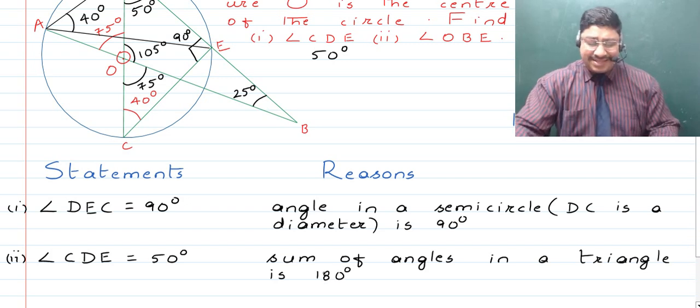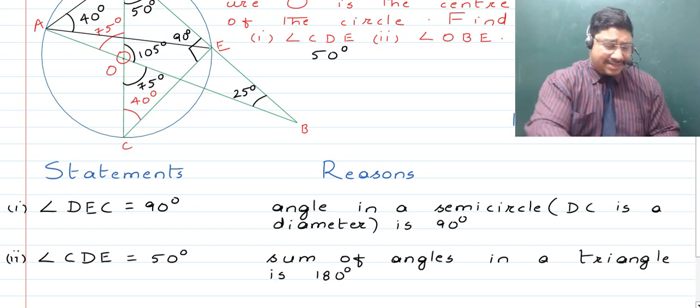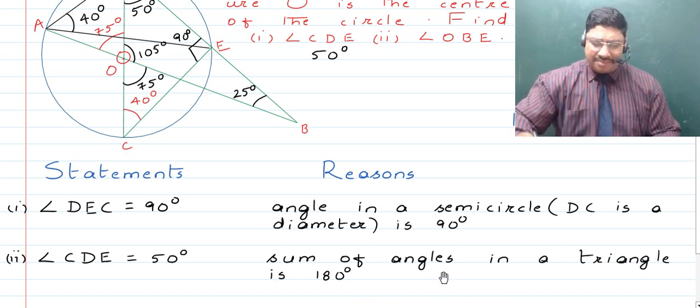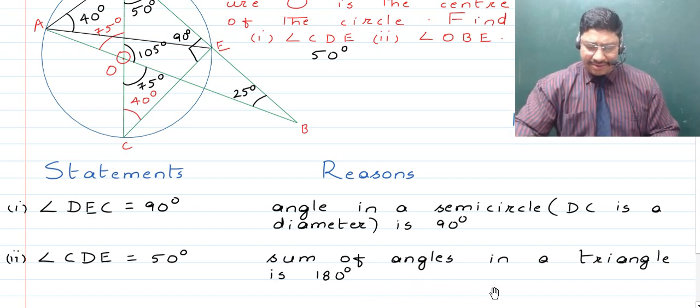So when you've said this, the teacher automatically understands that you had been given this angle to be 40 degree, right? And the other angle 90 has been found out. As such, the third angle can easily be found out by subtracting from 180 the sum of both of these angles, right? So you need not write much, but this much amount you require to write, right? Which is also the language of the theorem.